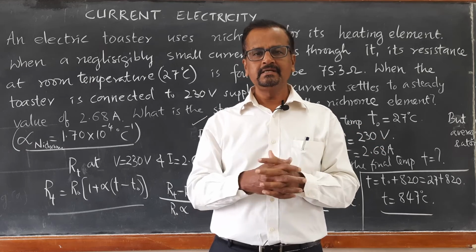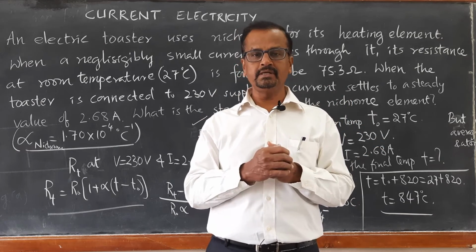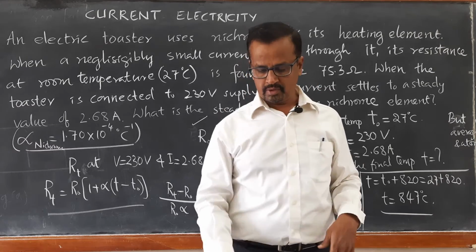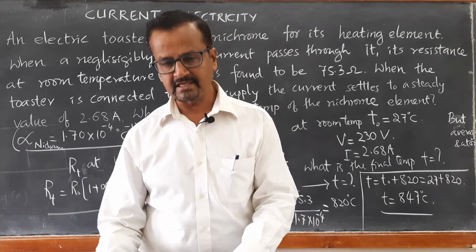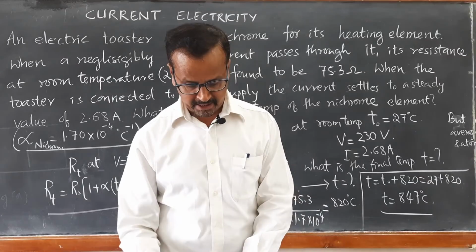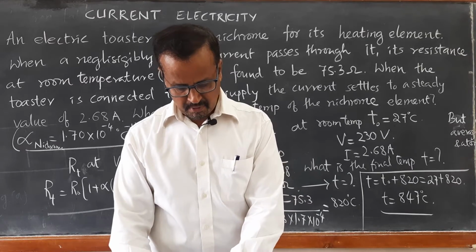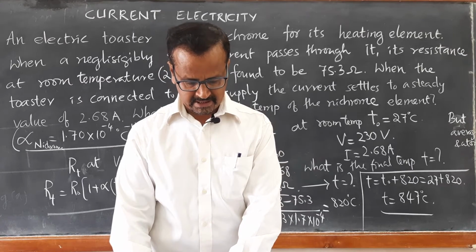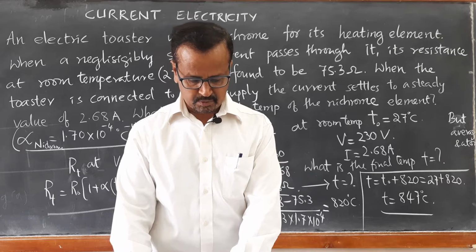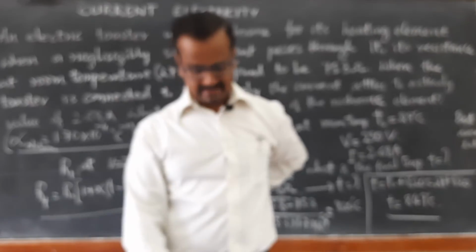The reason is the temperature coefficient of resistivity. The temperature coefficient of resistivity of copper is very low. It is of the order of, as we discussed yesterday, 10 to the power of minus 4 per degree Kelvin. For copper it is 0.0068, meaning 6.8 into 10 to the power of minus 4 per degree.